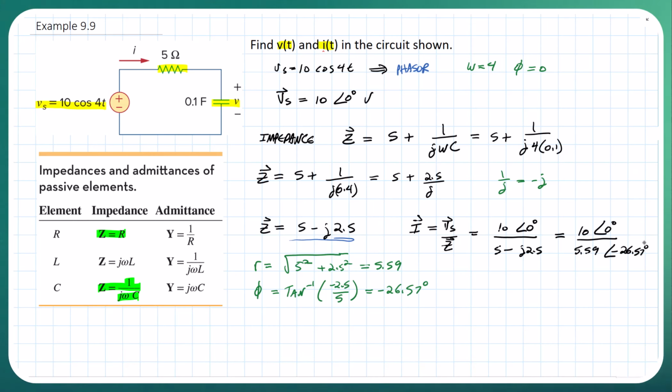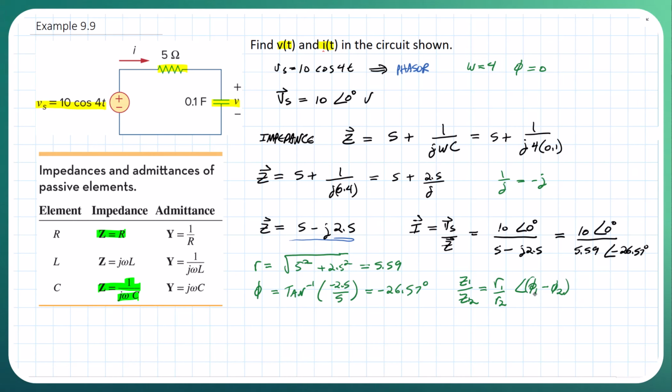The other relationship we want to remember is that Z1 over Z2 is equal to R1 over R2, and our angle is going to be angle 1 minus angle 2. That's how we do that.